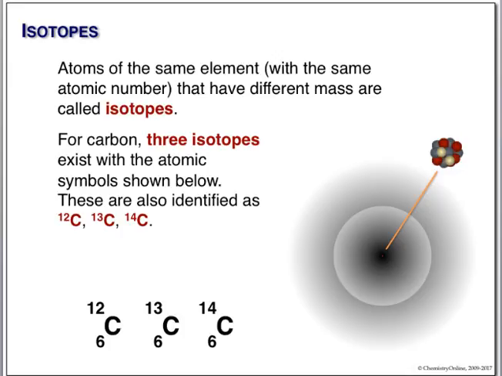About 1% of carbon exists as carbon-13. That's one extra neutron. And 0.0001% of all carbon exists as carbon-14, 2 neutrons. We'll see later in chapter 11 that carbon-14 is radioactive.